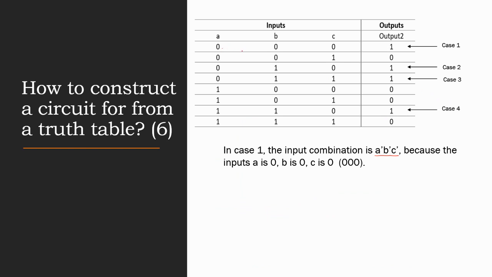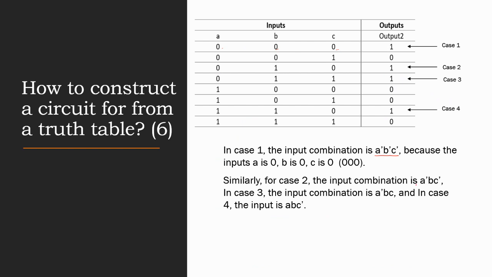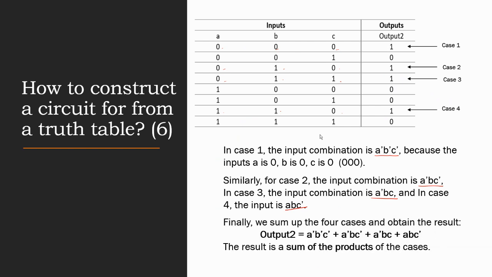In case 2, the input combination is not A, B, and not C. In case 3, the input combination is not A, B, and C. In case 4, the input combination is A, B, and not C. Finally, we sum up the 4 cases and obtain the result.